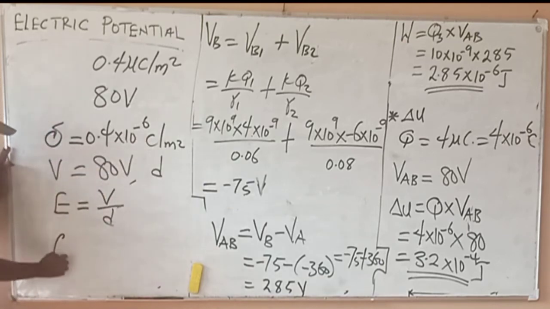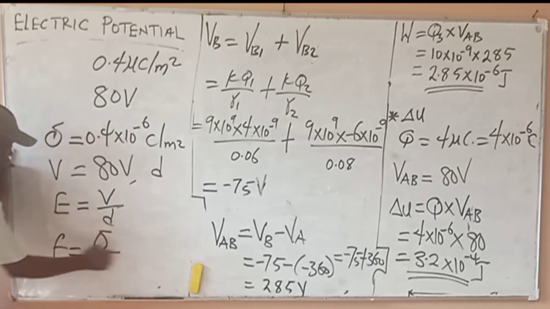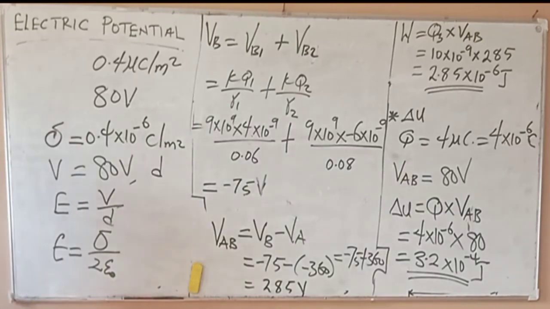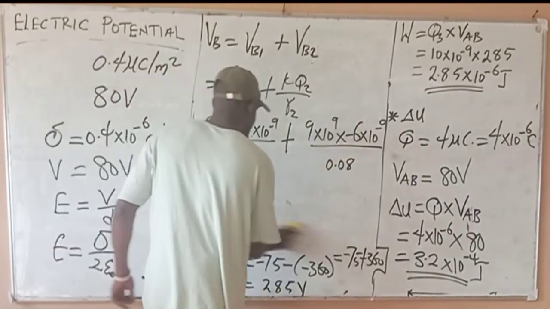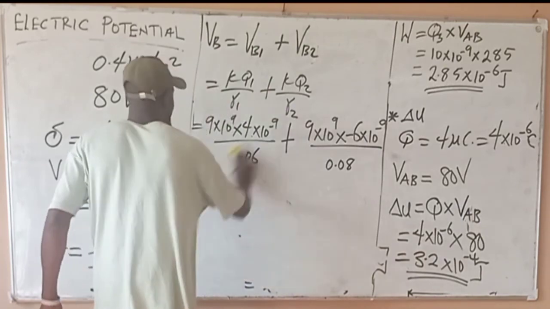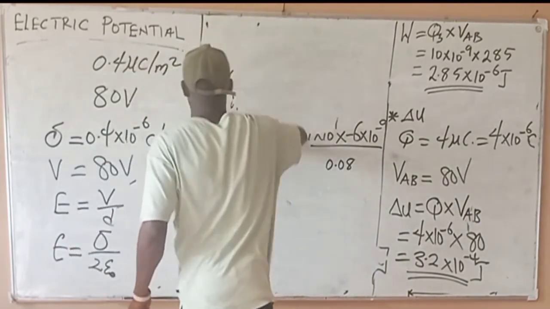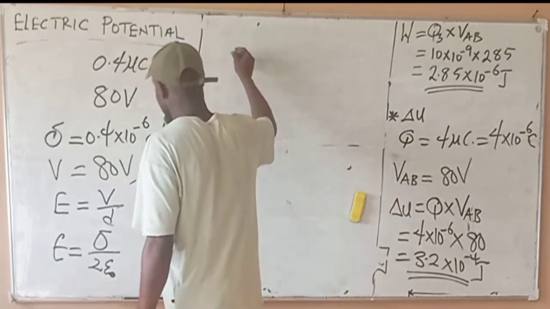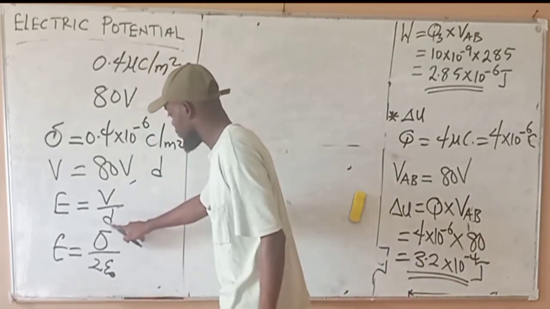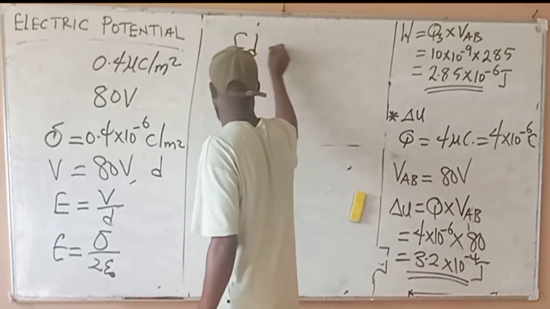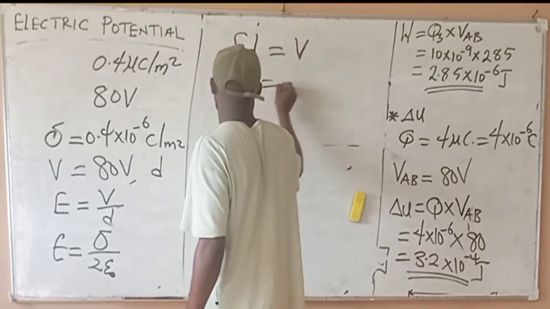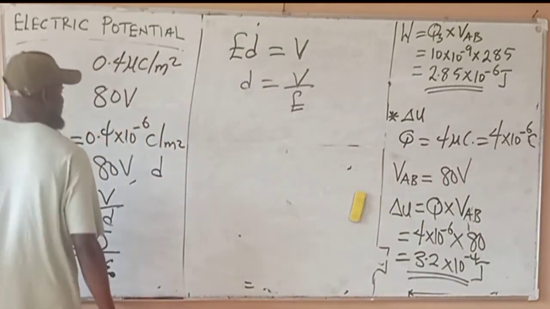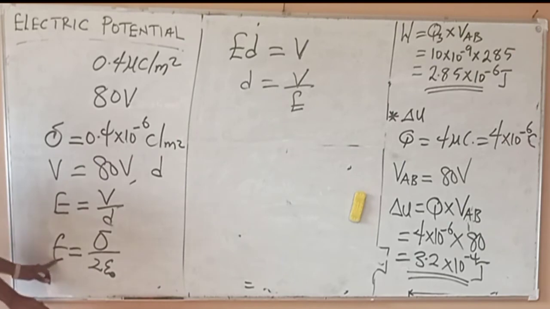Remember, for a charge sheet, electric field is sigma over 2 epsilon naught. So we have ED is equal to V, then d will be equal to V over E when you divide both sides by E.